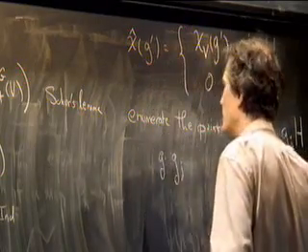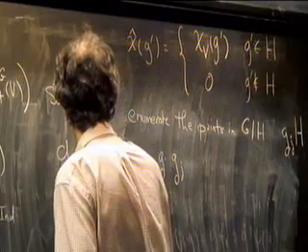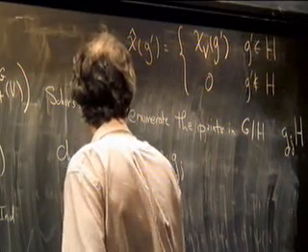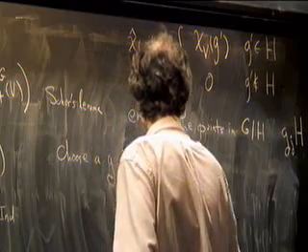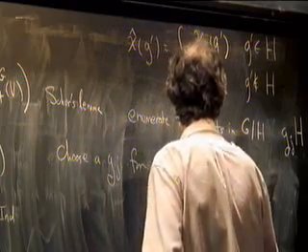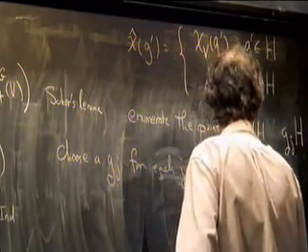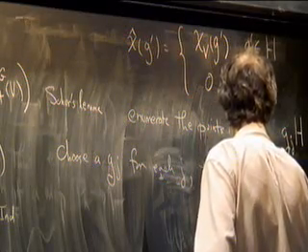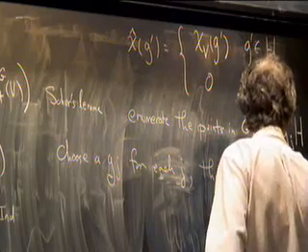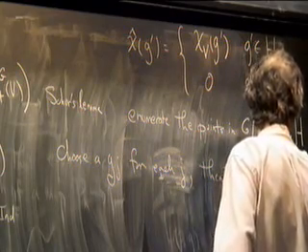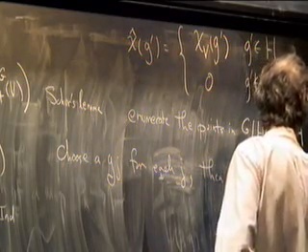So make a choice. Choose a G sub J for each J. And then G times G sub J is going to be G sub (G dot J) times H of (G, J).